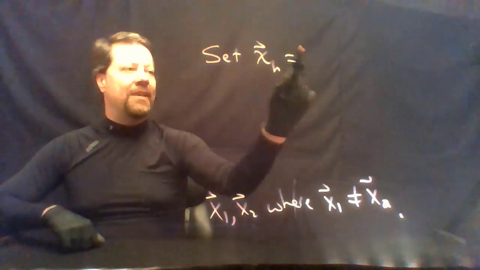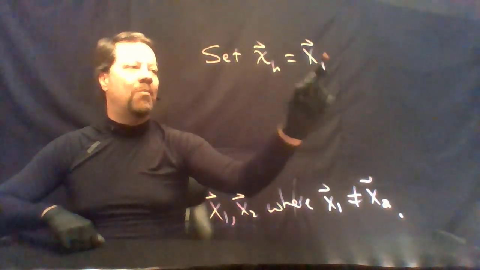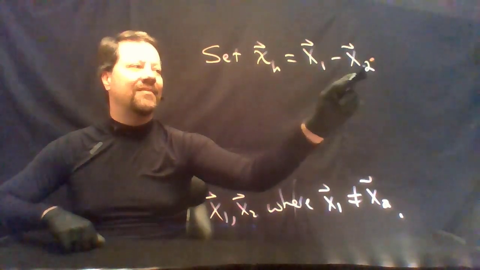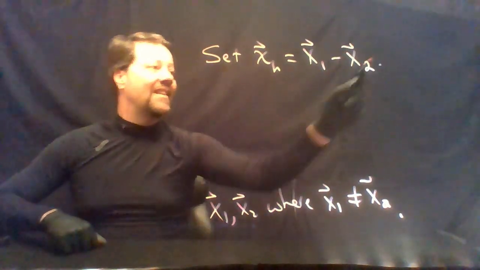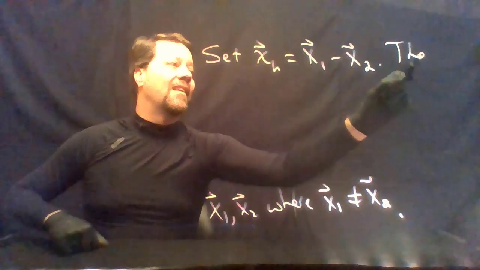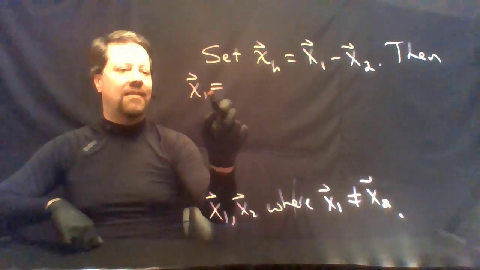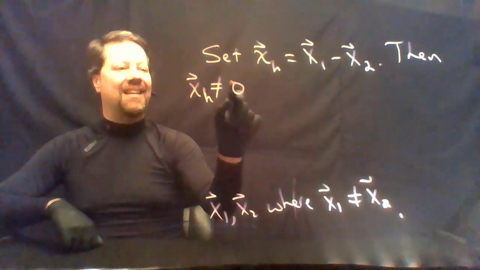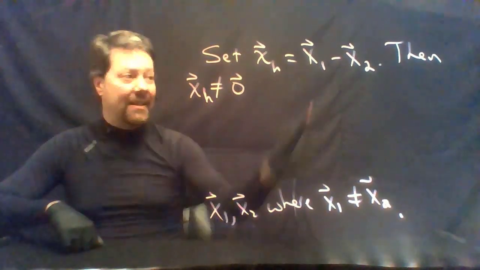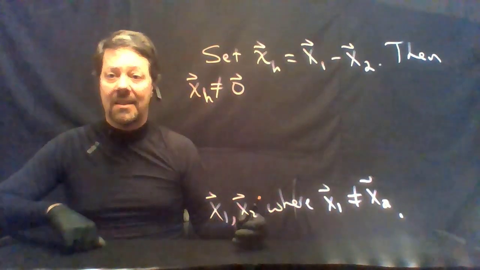Set xh to be x1 minus x2. Then note that xh is not the 0 vector because x1 and x2 are distinct.